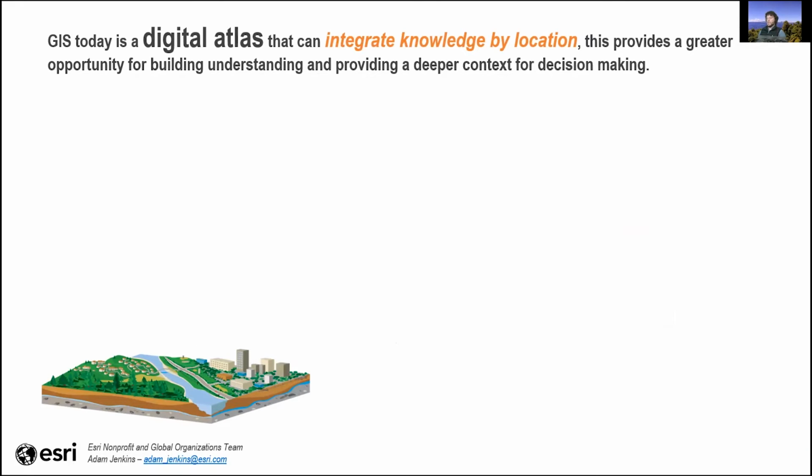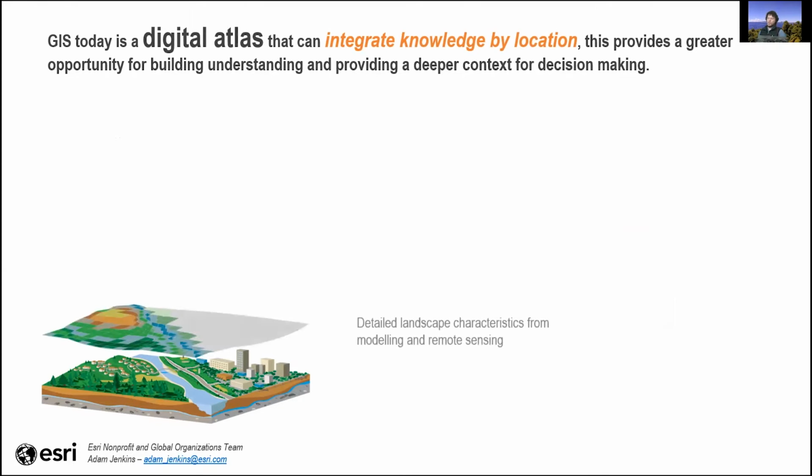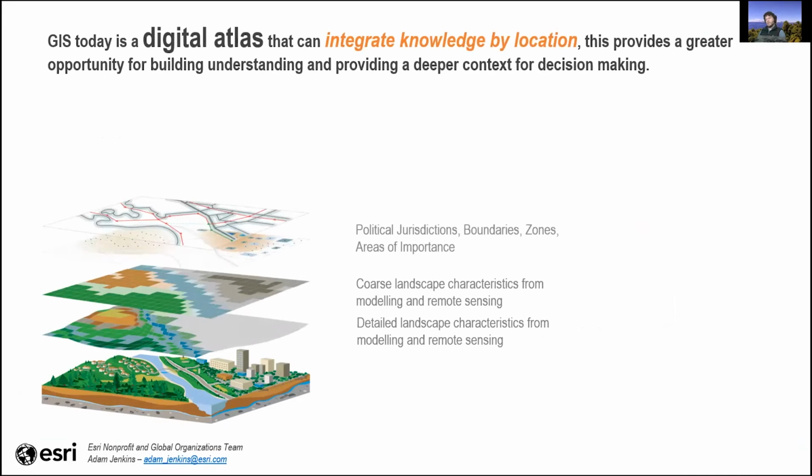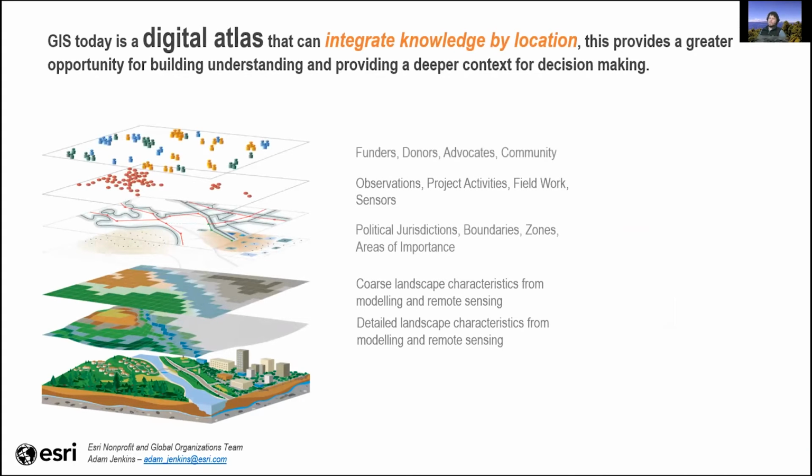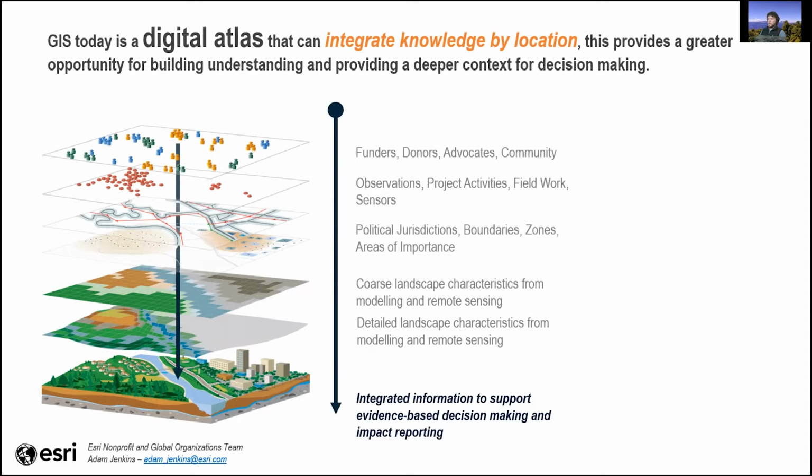When you talk to somebody who's never done anything in GIS before, you can ask them, what are the common things that may be related in time and space? In the organizations I work with, that can be everything from funders to wildlife observations to boundaries and other interesting zones, to things derived from satellite imagery.